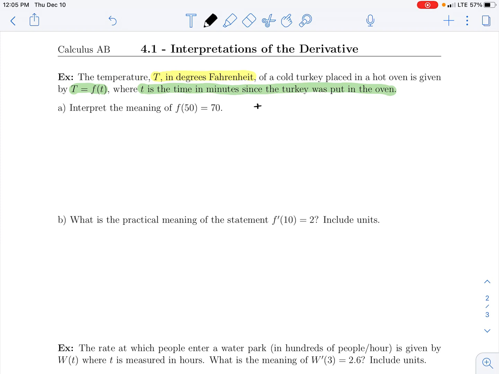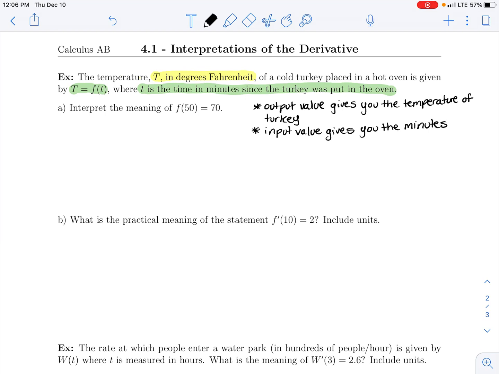So note that the output value gives you the temperature of the turkey, and then the input value gives you the minutes since the turkey was put in the oven.